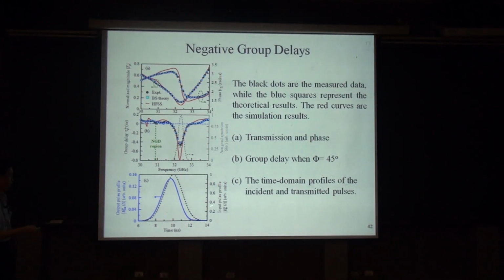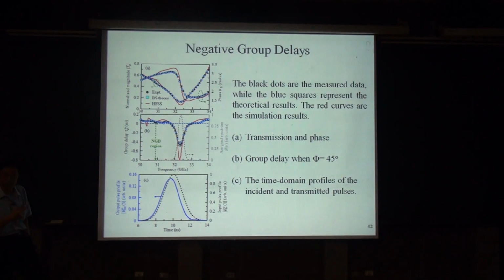This is the time domain profile of the incident wave and the transmitted pulse. The incident is the black dashed line, and the transmitted is smaller. Transmitted is here, incident is here. It looks like the same height, but in fact it's not.